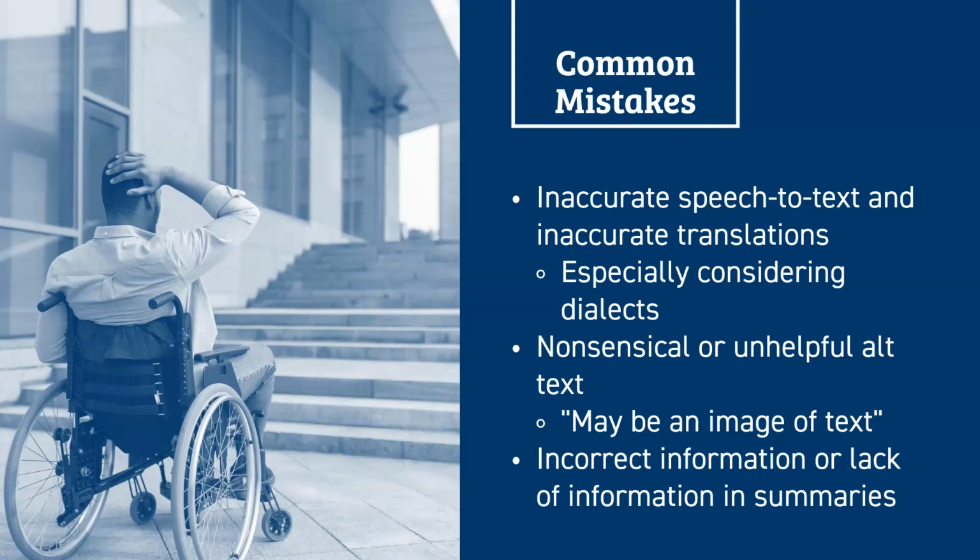Like I mentioned before, people are using it to summarize long documents. Sometimes that information is incorrect, or there's a lack of information that you're not seeing that's actually really important to it. And sometimes you'll catch it because you know the information.